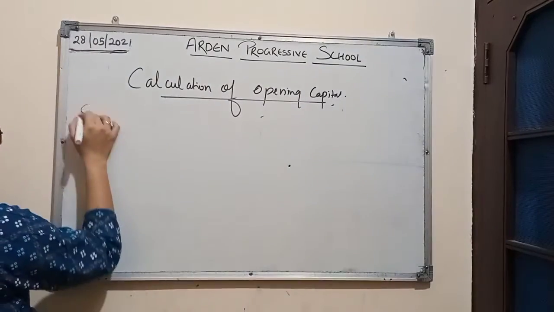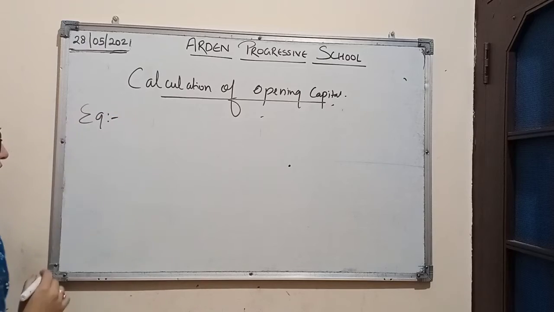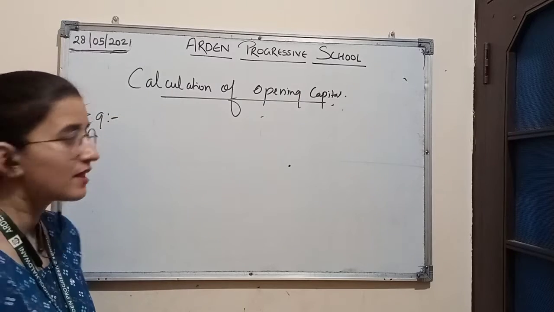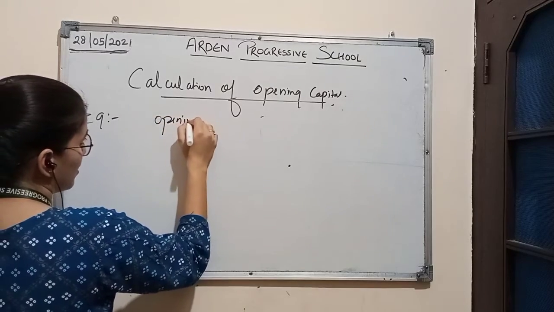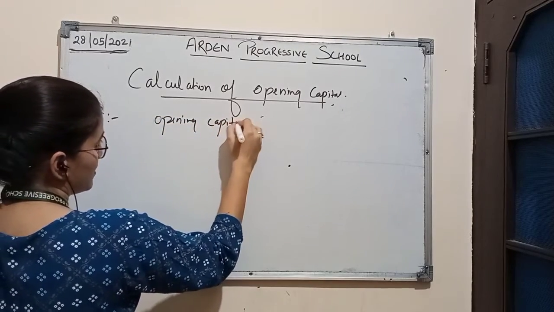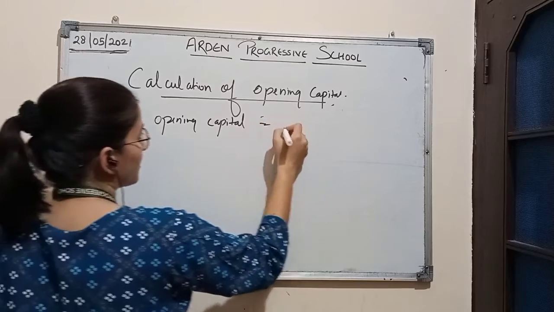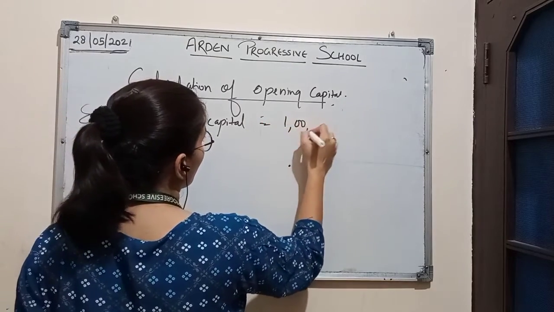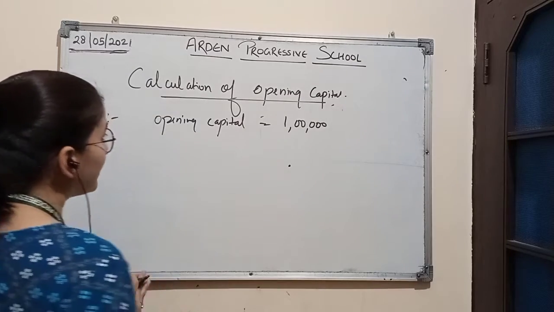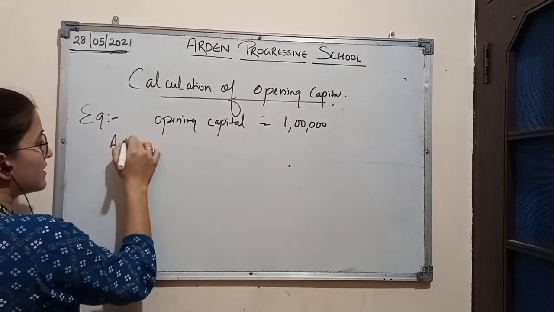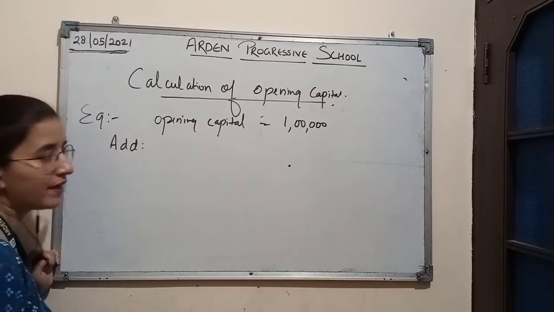For example, when the opening capital is given in the question, we record it as opening capital. Suppose opening capital is rupees 1 lakh. After that, if profit is given in the question, we know profits are always added to opening capital.